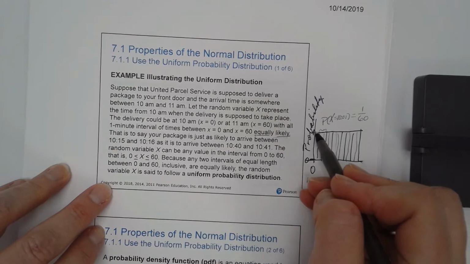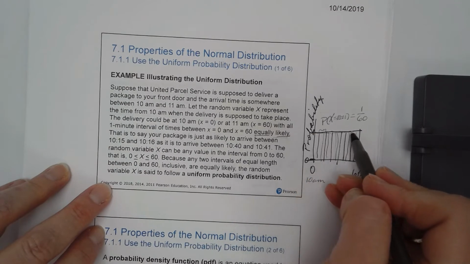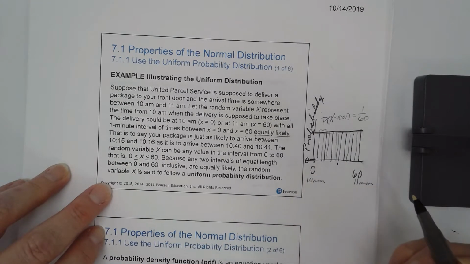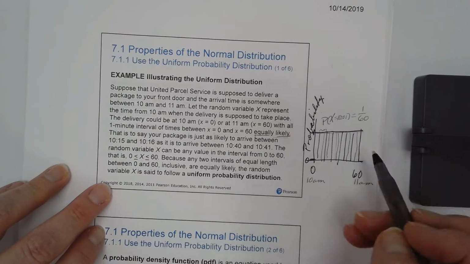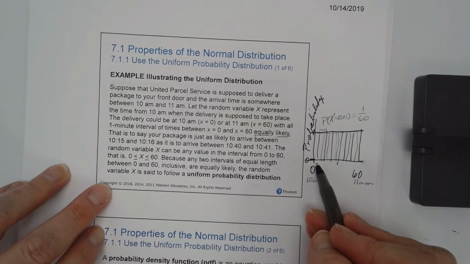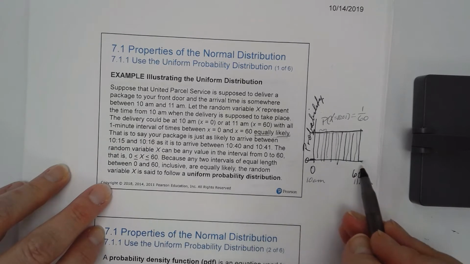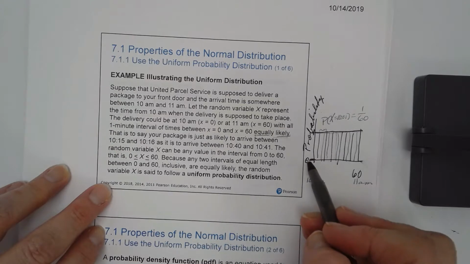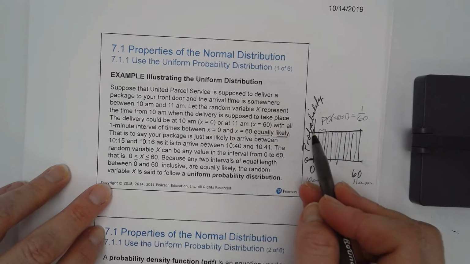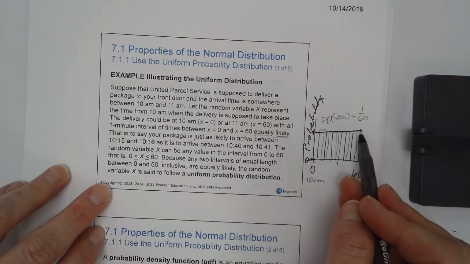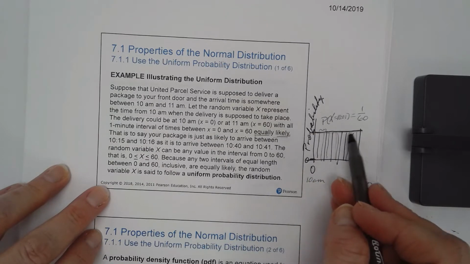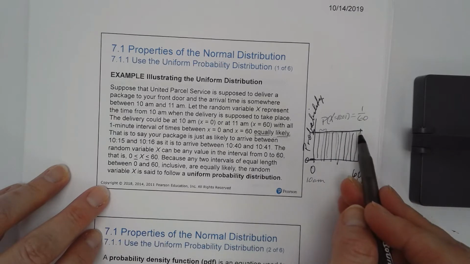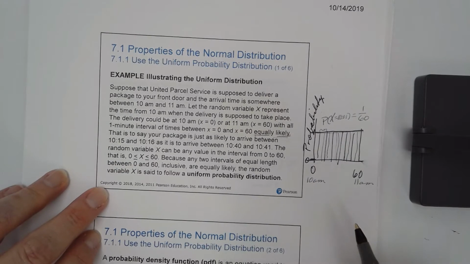So uniform means that all the probabilities are the same, 1 out of 60. On a uniform distribution graph, you put the values 10 o'clock, 10:01, 10:02, 10:03 all along the bottom. The probability is 1 out of 60, and it's the same for each bar. So when you do that bar graph, they are all 1/60th tall. Make sense?